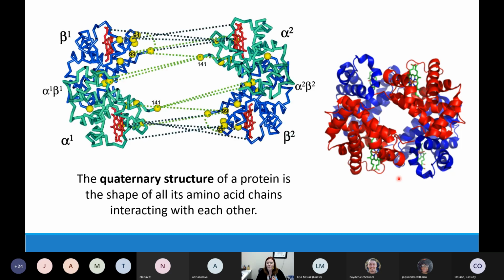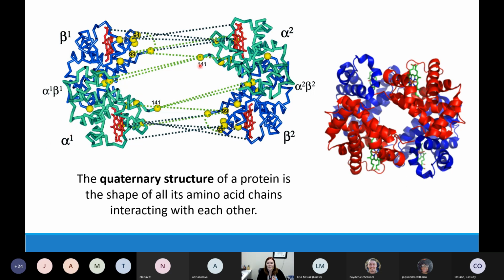So I'm going to show you kind of a weird picture here. The hemoglobin protein, the oxygen transport protein in your body, is actually made out of 4 different proteins. So I've got these green chains here. They're called alpha chains. Sidebar, this has nothing to do with alpha helices. So this is completely different. This is a chain called an alpha chain.